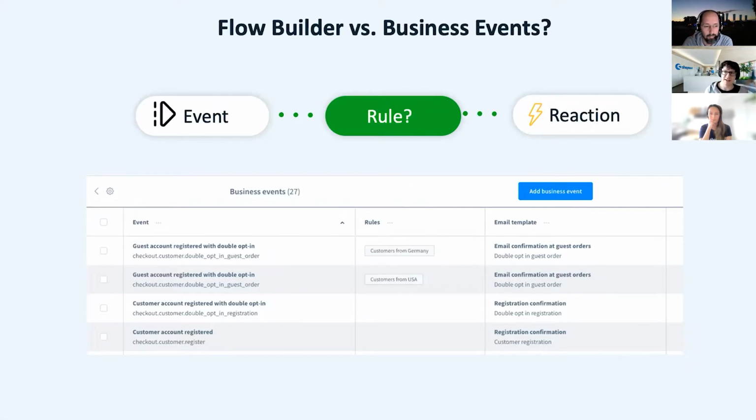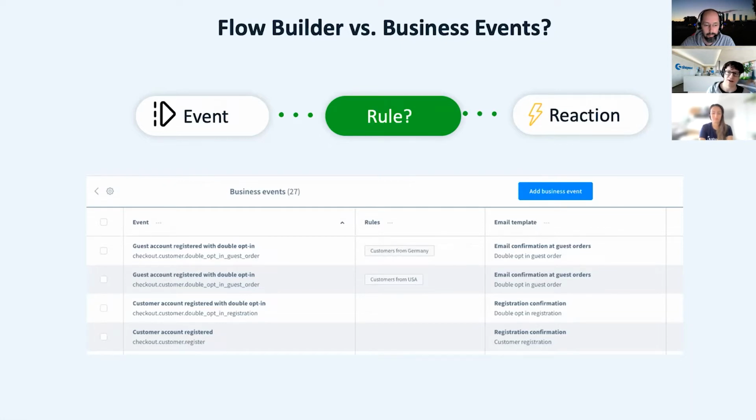This means currently business events and flow builder both exist separately in your Shopware instance. If you have installed the recent Shopware version, you see you have business events and the flow builder. That is because they are both basically designed to do the same job, just that the flow builder goes beyond what the business events do. So in the long run, the business events will be removed from Shopware with the next major version.